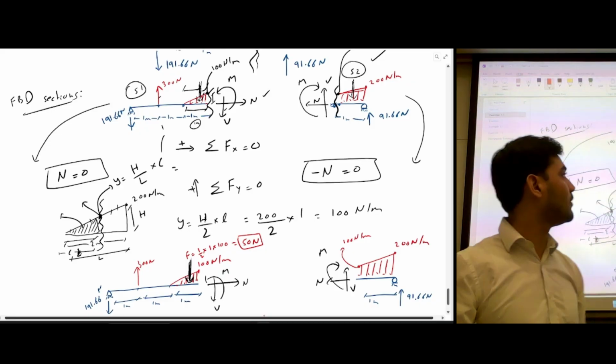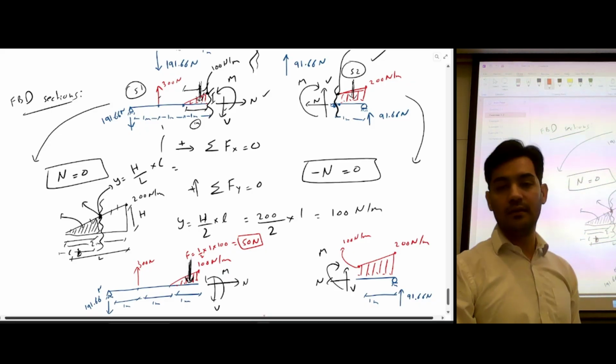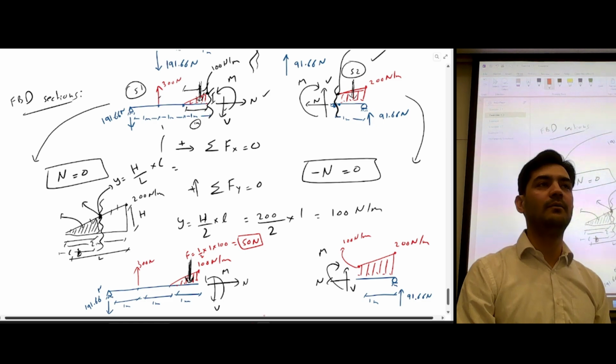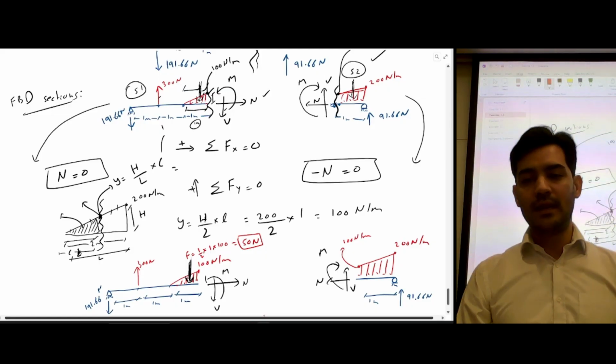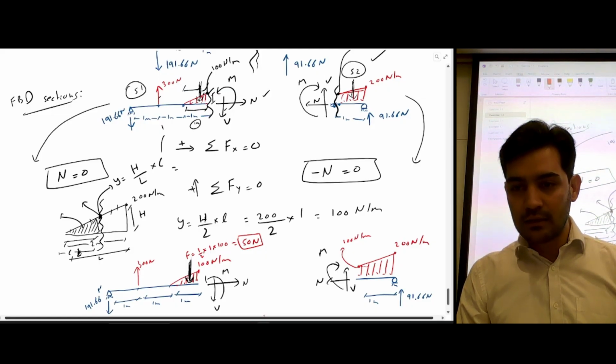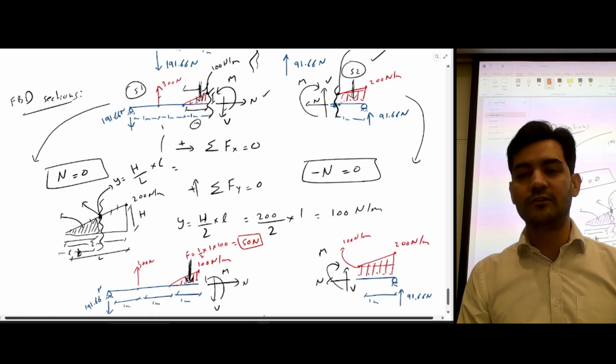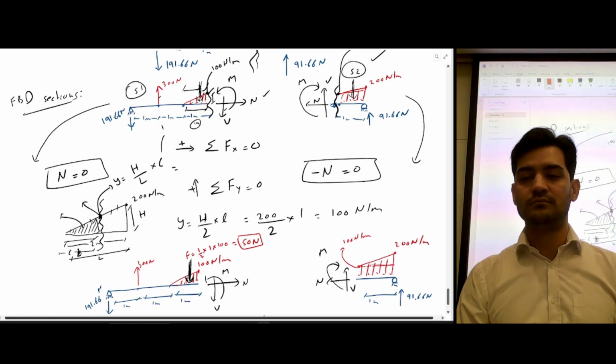So this is a trapezoidal shape, and we have a formula for a trapezoidal shape, and also a formula for its centroid. But we can make our life easy by dividing this shape into familiar shapes.